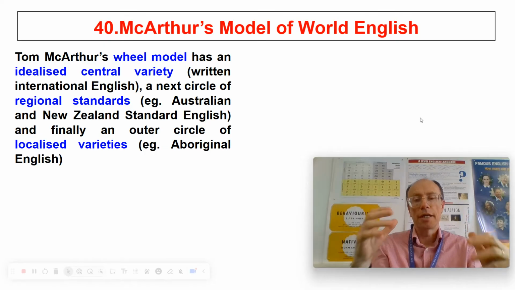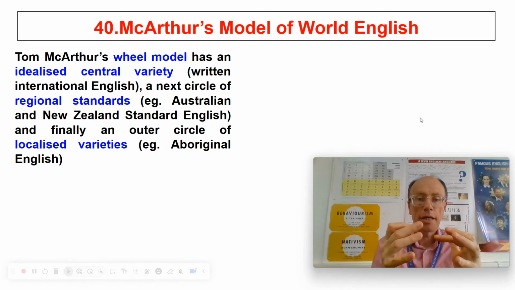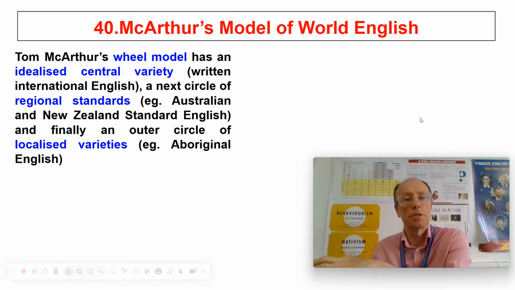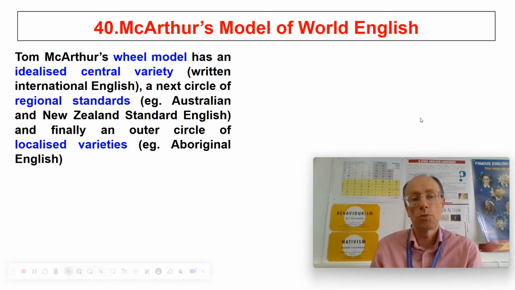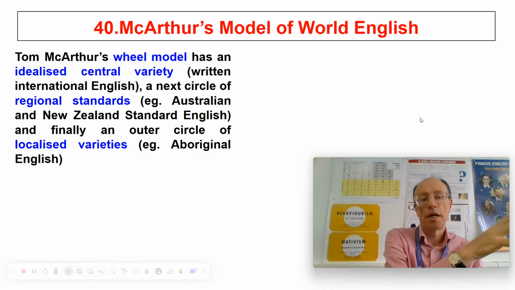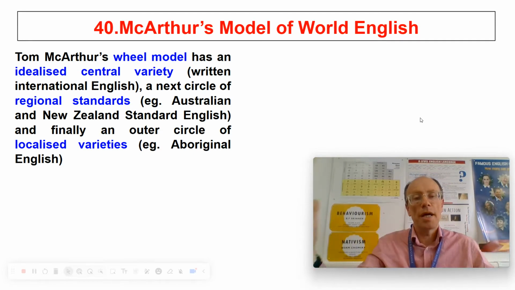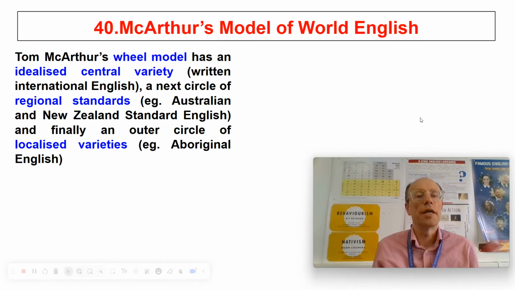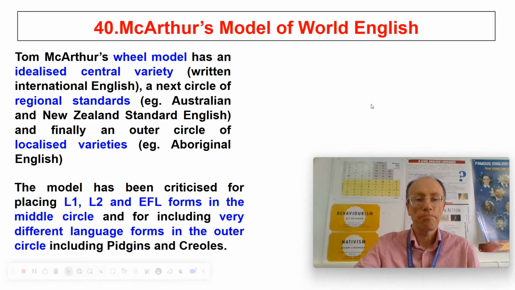Outside of that, a bit like Kachru's, you've got an outer circle, and that's of regional standards, where he's lumping together, let's say, for example, Australian and New Zealand Standard English as one region, and Britain and Ireland and Scotland and Wales as another one. And then beyond that, you've got this outer circle of more localised varieties, where Aboriginal English, for example, would be a kind of variety of Australian English. So a bit different from Kachru's model.